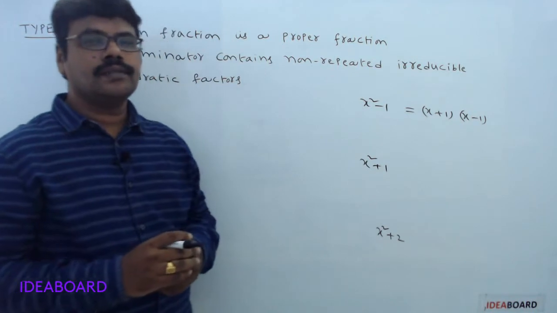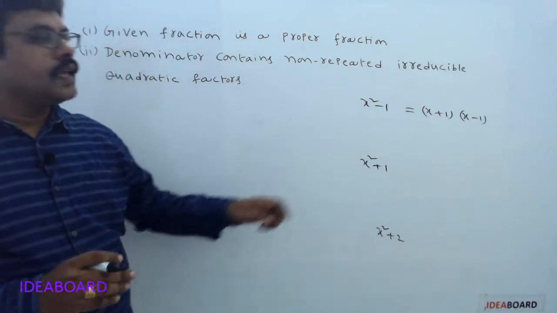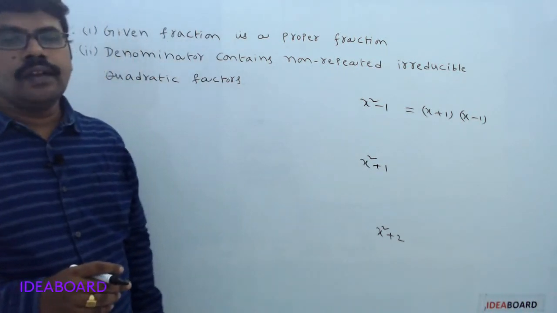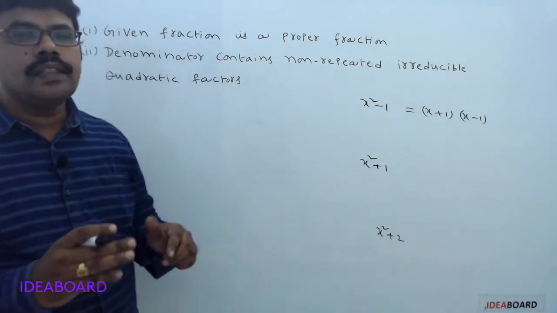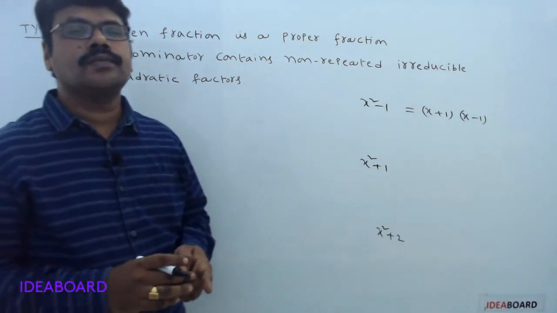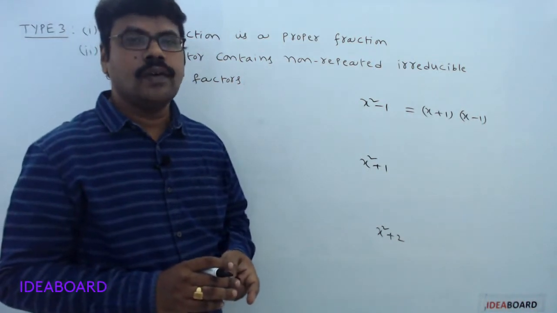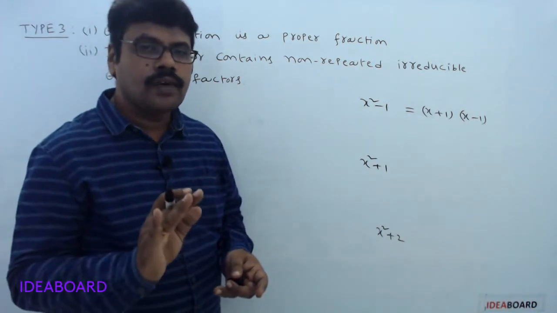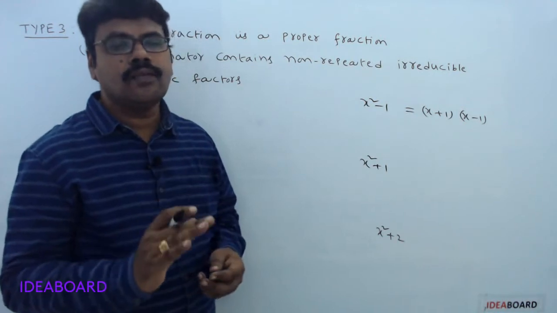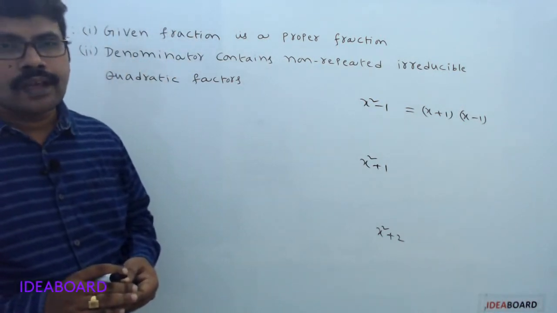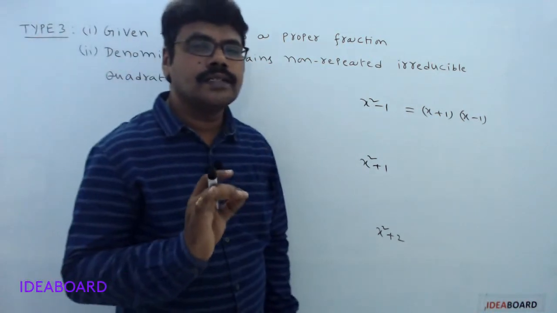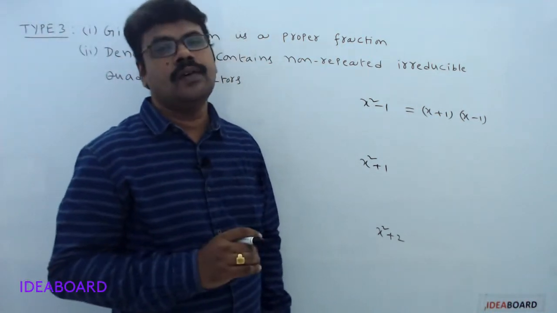The trick is, whenever a second degree expression is given, first write that expression in the form of ax square plus bx plus c. Then calculate its discriminant value.